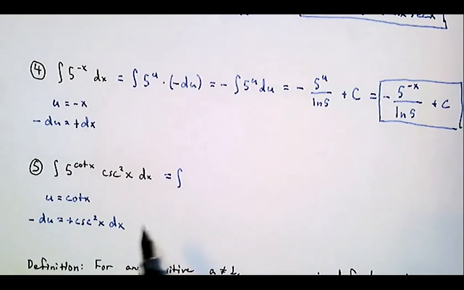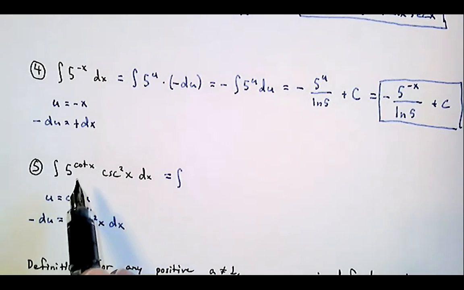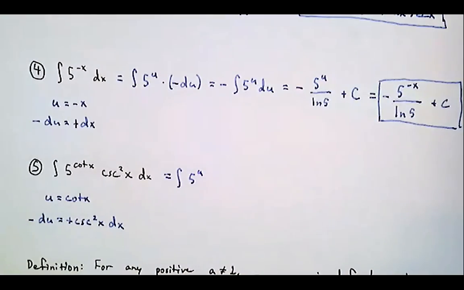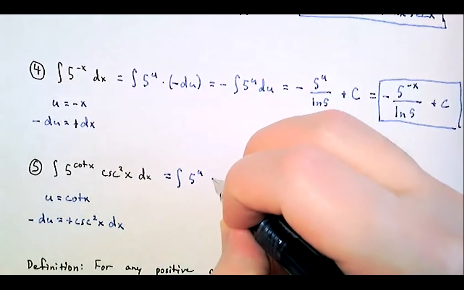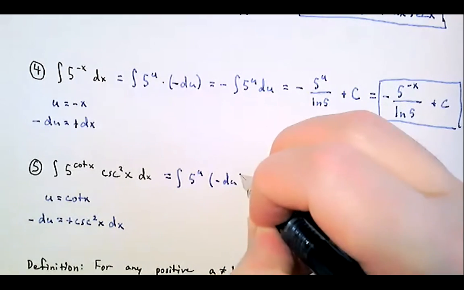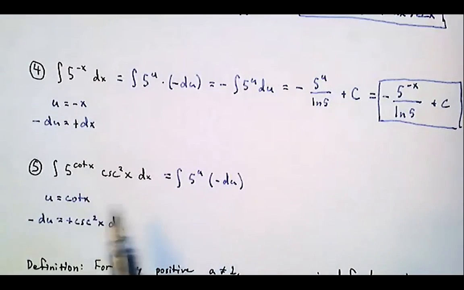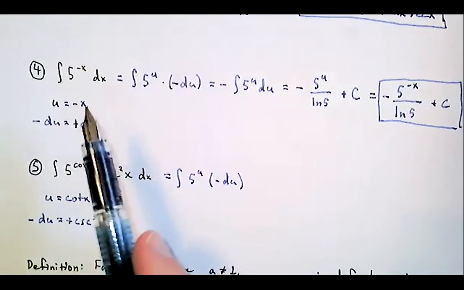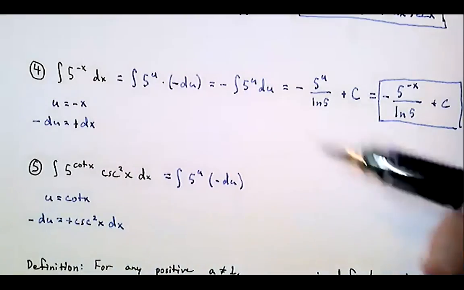So what does this get us? Now we have 5 to the u, and then cosecant squared x dx becomes negative du. So basically this problem is exactly the same as this one. We just have a different u substitution going on.